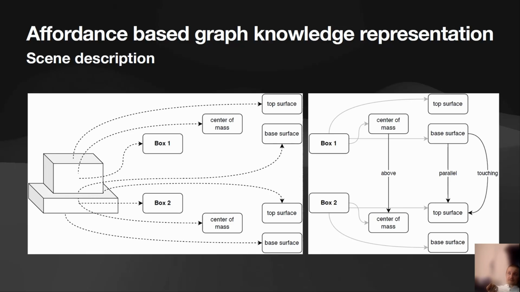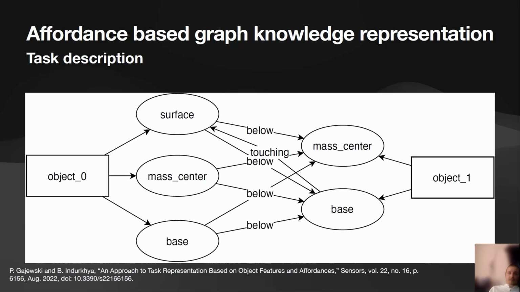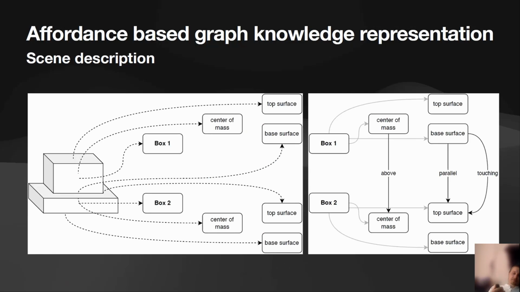The base surface of box 1 and the top surface of box 2 should be parallel to each other and touching. So I'm looking for a description that would make sense to humans, but also translate to executable terms.